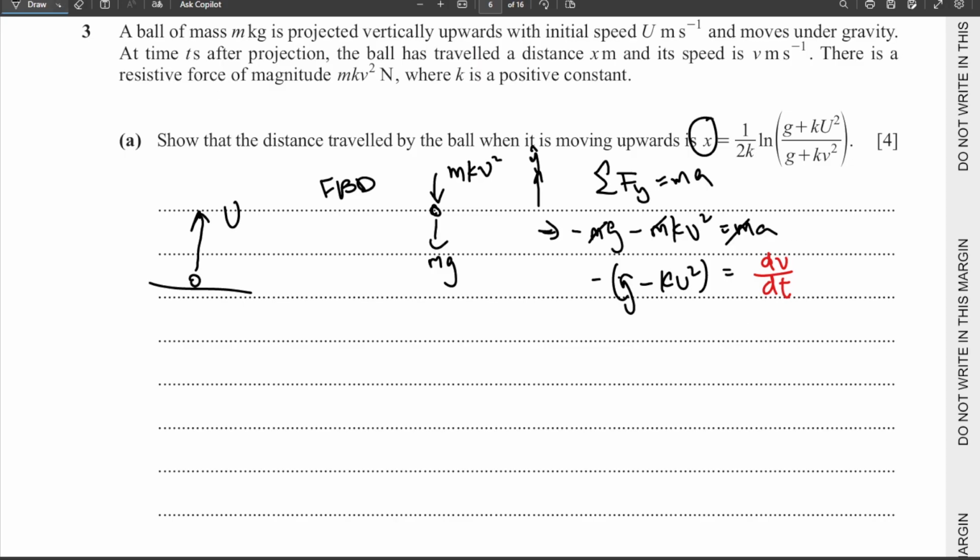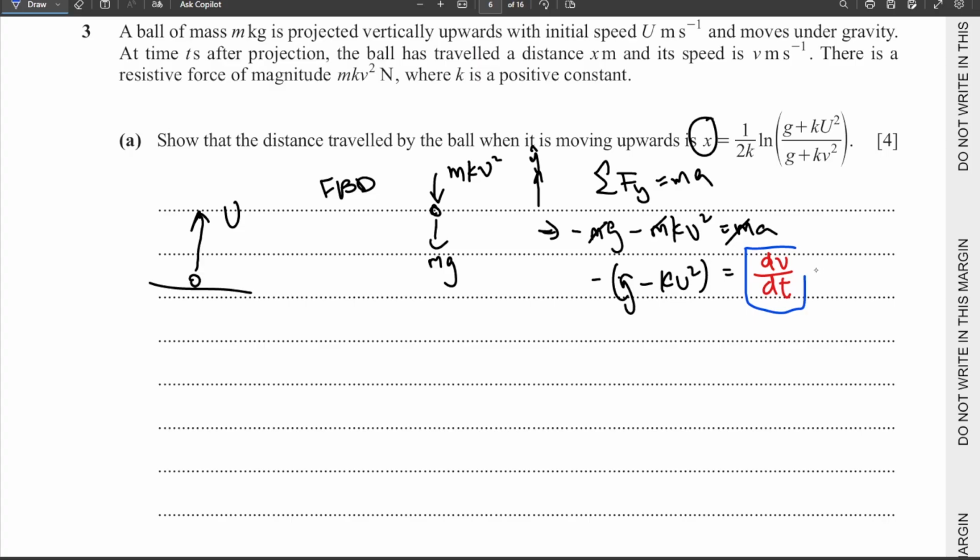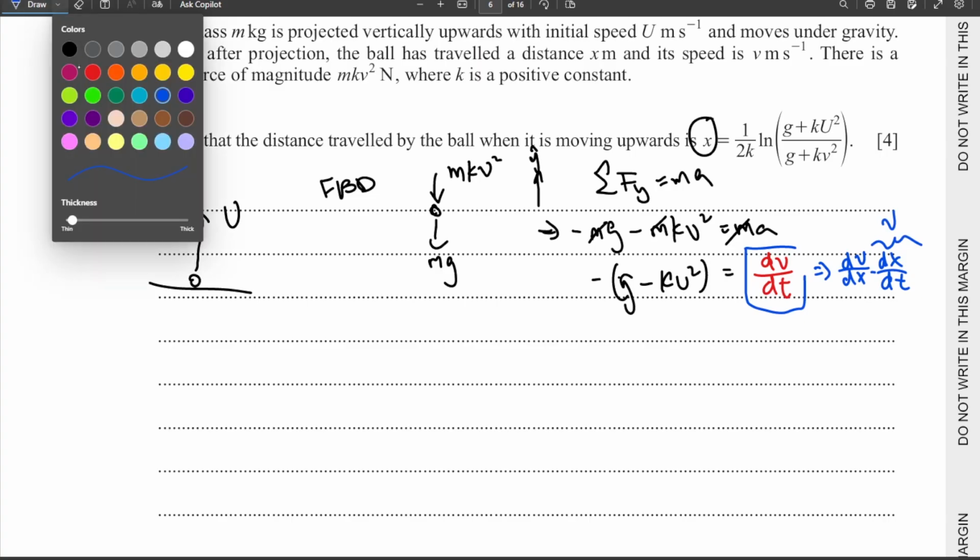What we can do is take this dv/dt and use the chain rule to rewrite it as dv/dx and dx/dt. dx/dt, that's velocity, and we can replace this down here also.